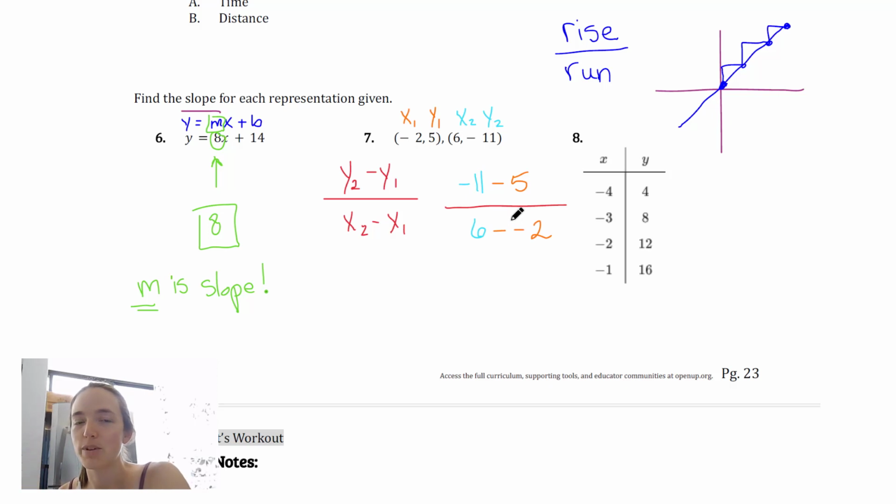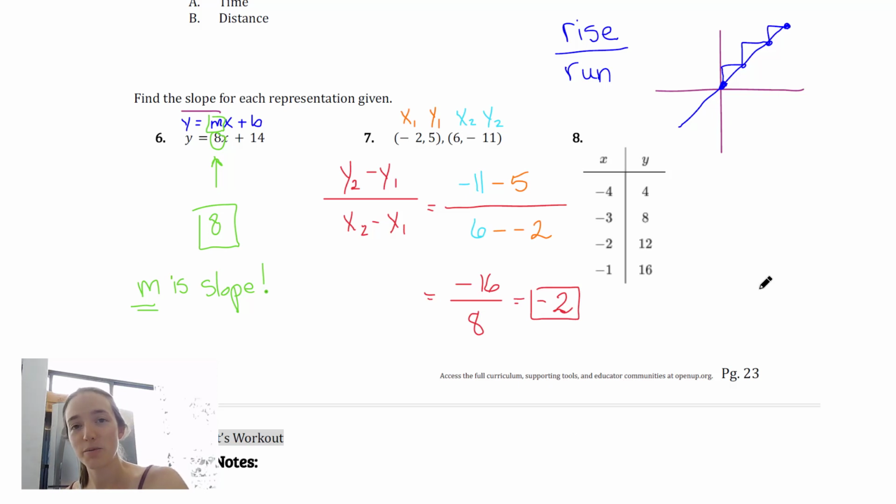Minus a negative always turns into plus. So when I'm simplifying this, negative 11 minus 5 is negative 16. This negative negative turns into a plus, so this is really like 6 plus 2, which is 8. Negative 16 divided by 8 is negative 2. So my slope of this line is negative 2.